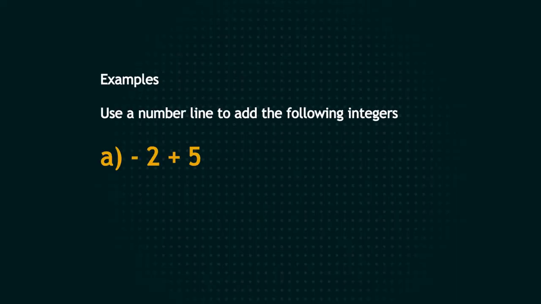We can have this example. Example 1. To use a number line we have drawn to add negative 2 plus positive 5. Negative 2 plus positive 5.